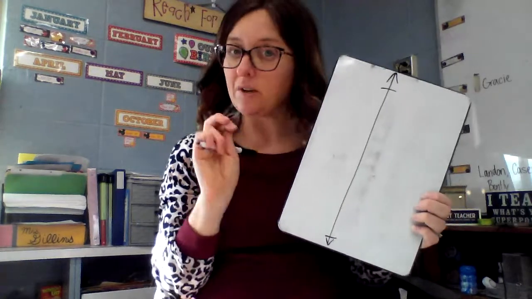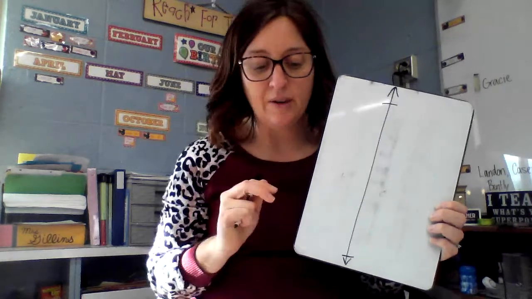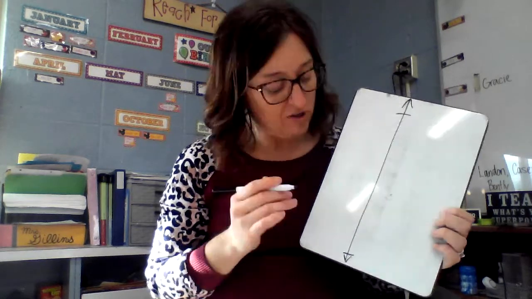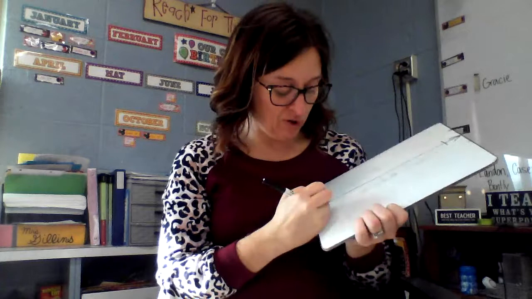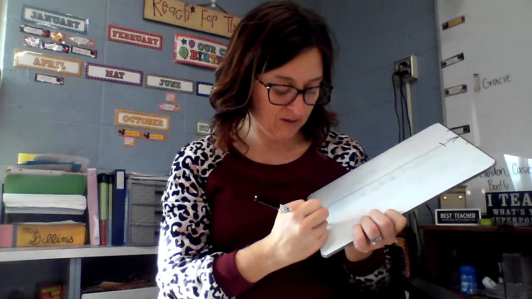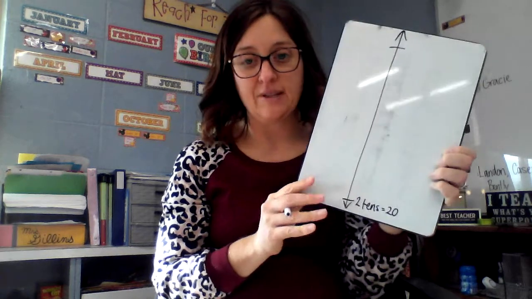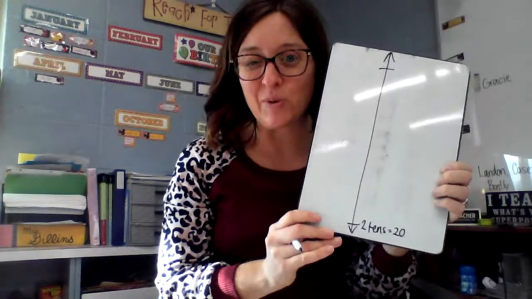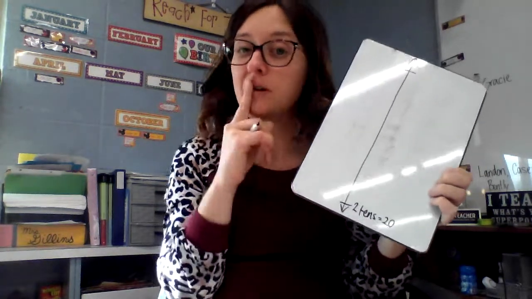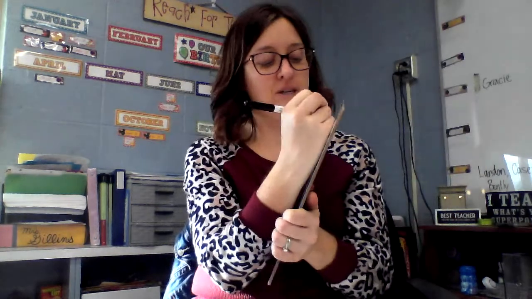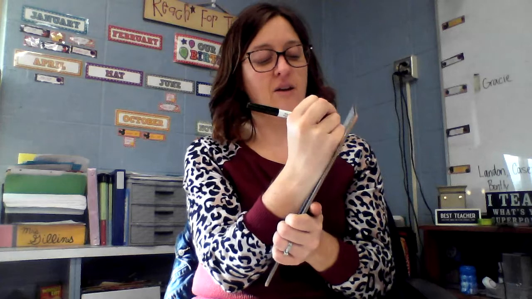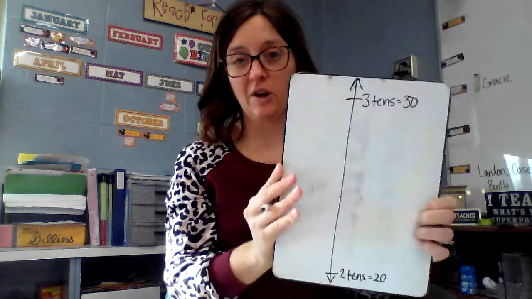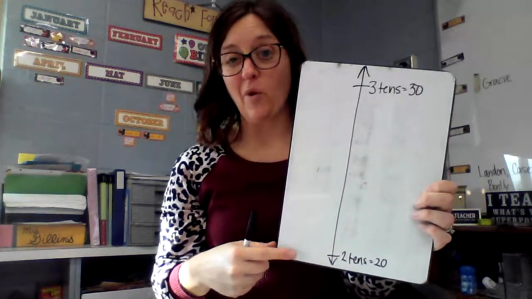Now, so far, let's take a look at a number that might be a little bit tricky. Let's think about the number 25. So 25, in that number, there are 2 tens. And I asked myself, what's 1 more 10 than 2 tens? What's 1 more than 2? 3. So 3 tens. And I know that 3 tens equals 30. So I'm thinking about going between 20 and 30.